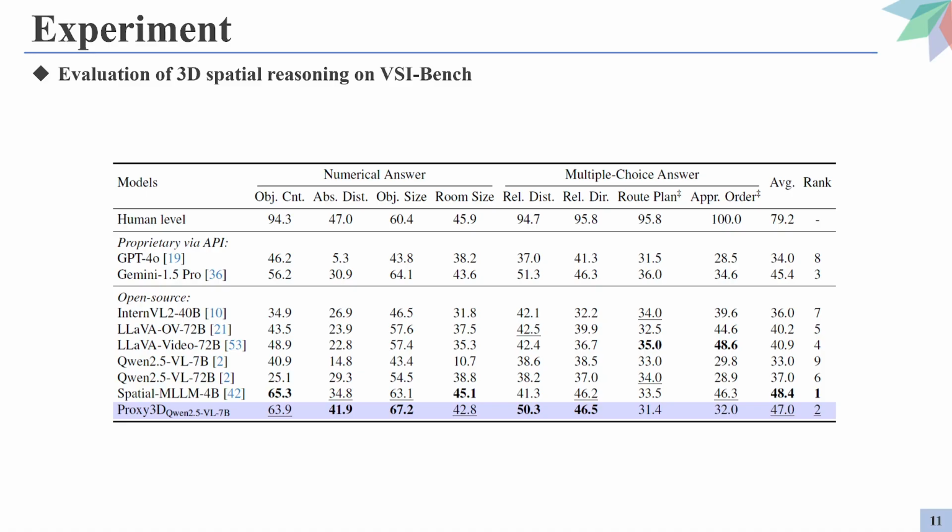However, the table also shows that all current models remain far below human-level spatial intelligence. This is especially clear in difficult tasks such as route planning and appearance order reasoning. Therefore, Proxy 3D improves efficiency in spatial reasoning, but it does not fully solve complex 3D reasoning.